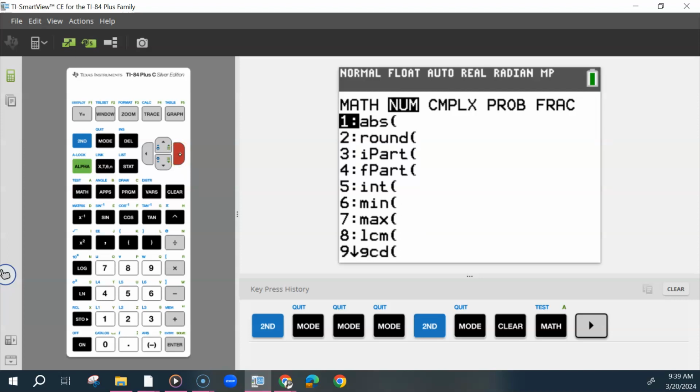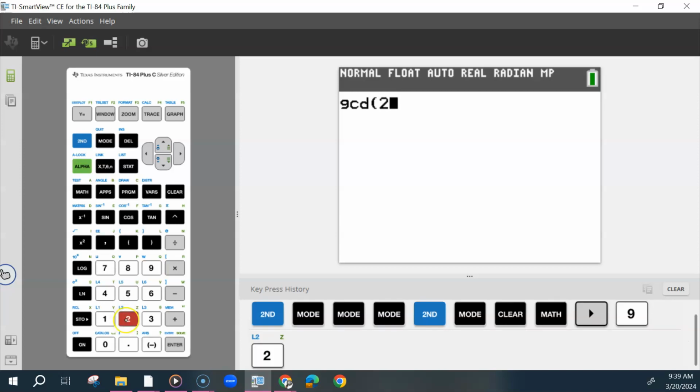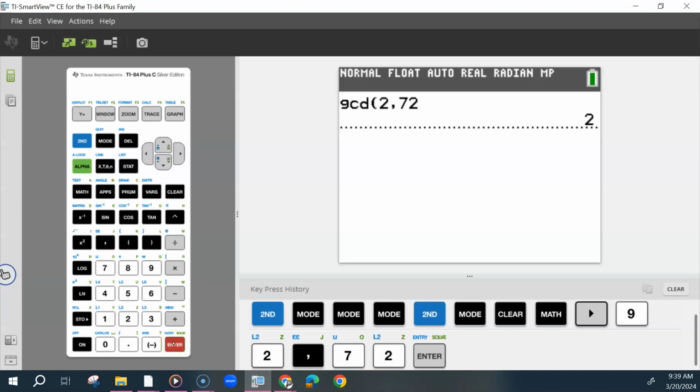It says GCD, which is greatest common divisor. You're dividing out the greatest common factor. So math, scroll over to number, go down to number 9. Your calculator can only do 2 numbers at a time, but you can put in 2, 72, hit enter, and it will tell you what that GCF, GCD is.